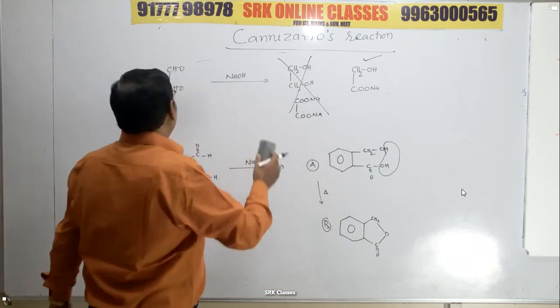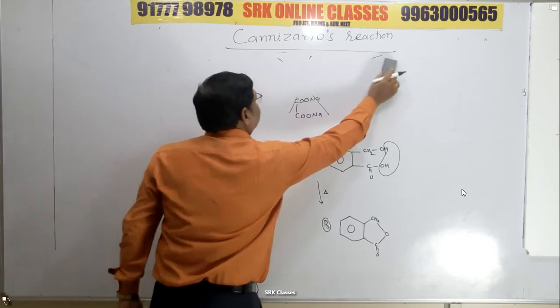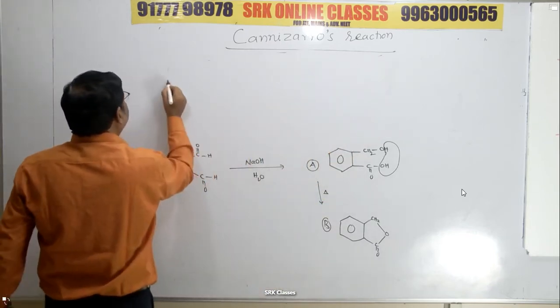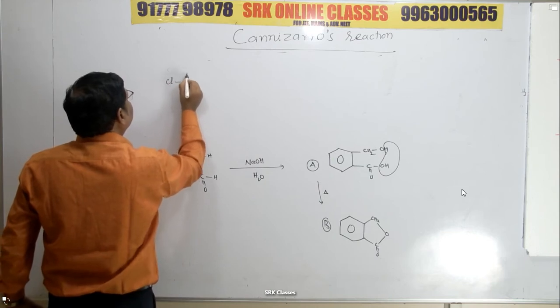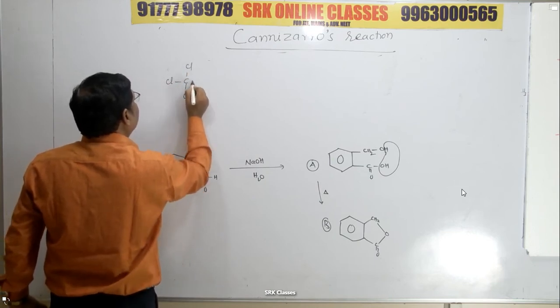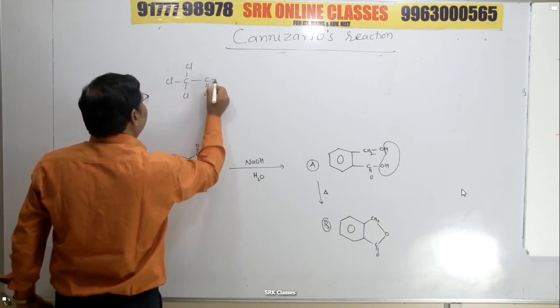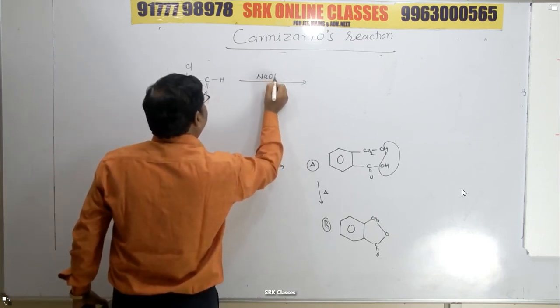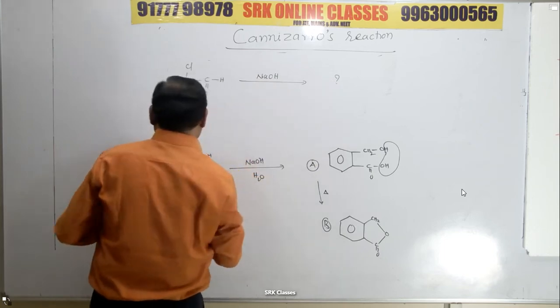And I write another one or two examples. Just find out the final products. Here I am writing CCl3 C double bond OH in presence of alkali. Write the product.